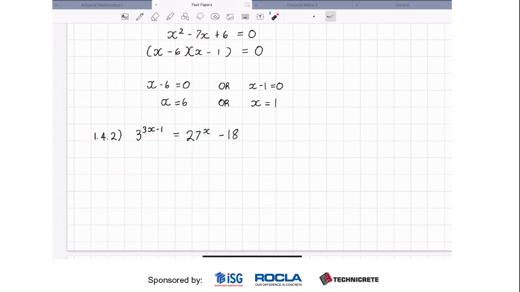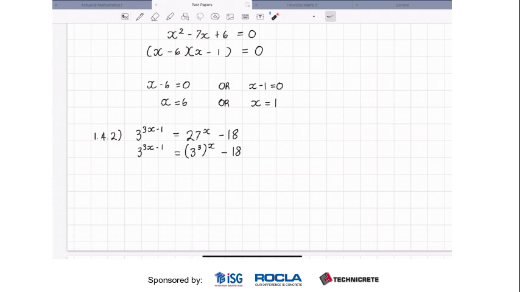So I want this base 27 to be the same base as the base 3, and so instead of writing 27, I'm going to write 3 cubed. And I don't have to change the 18 because 18 doesn't have x involved or any exponents that I have to worry about.